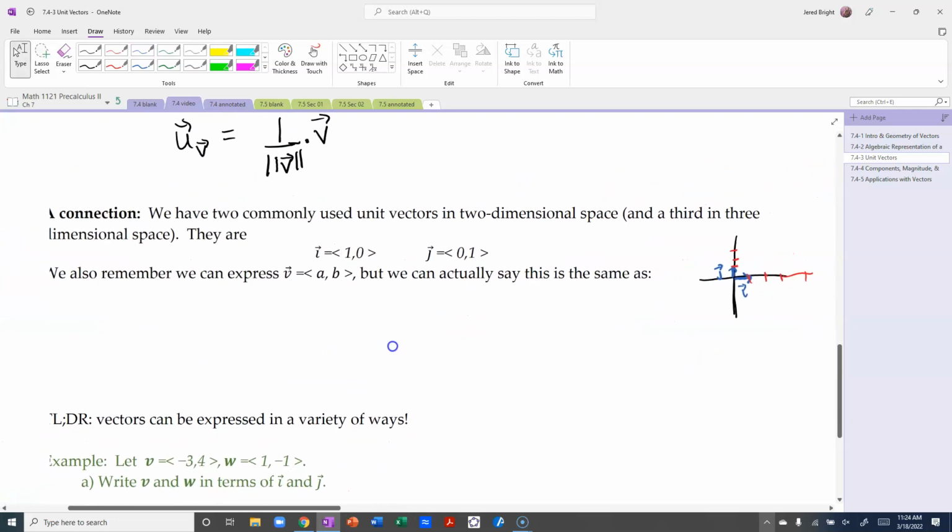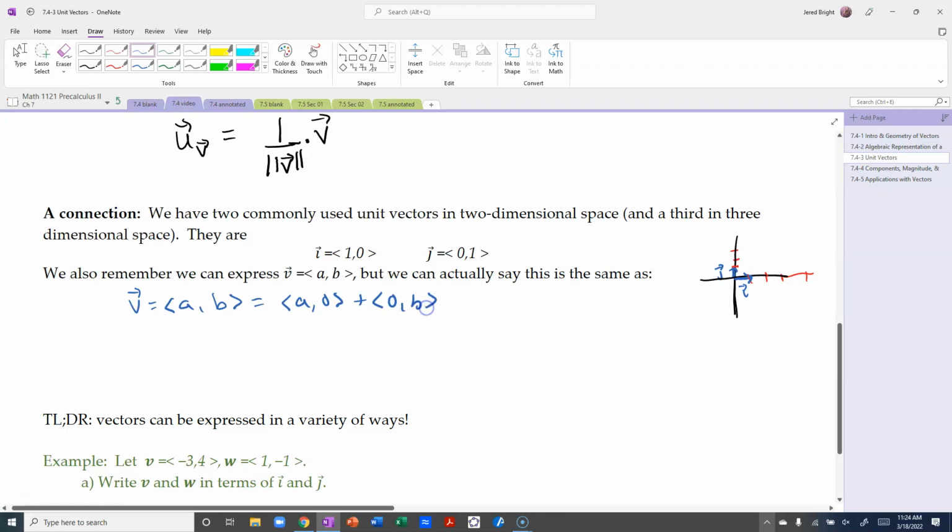Something that's kind of fun, let me do a little bit of a proof. We can actually represent any vector using i and j. So we start with v equals a, b. If you need to tune this out or skip ahead, I get it. Via algebra, I can say this is a, 0 plus 0, b.